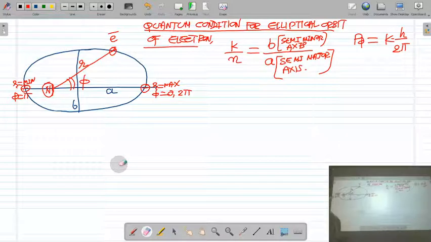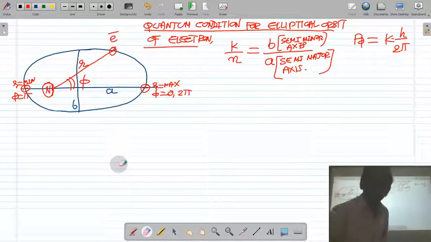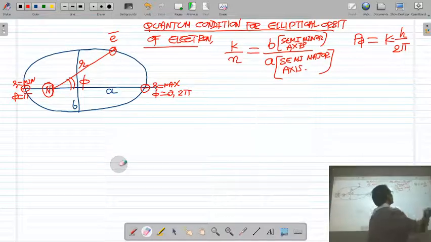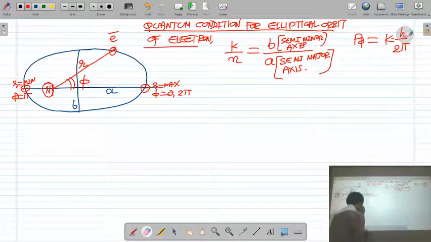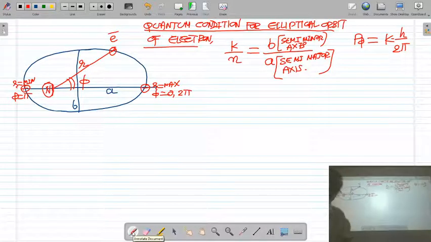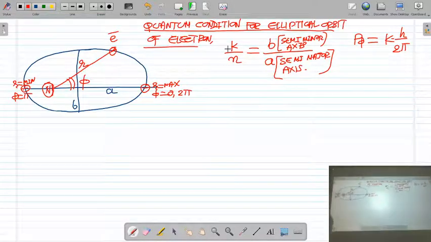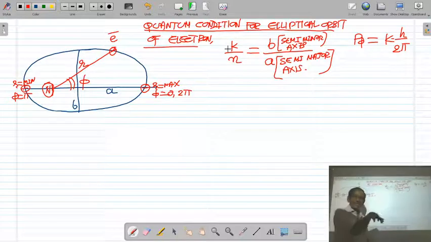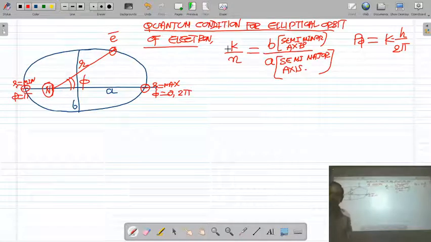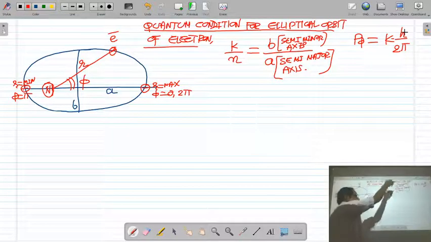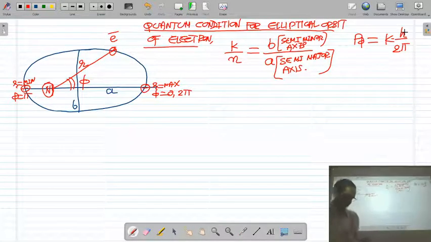So by solving the phase integral for the r coordinate and the phi coordinate, we have two equations. We got the angular momentum of the electron p phi is kh upon 2 pi, and we got the quantum condition for the elliptical orbit of the electron, k upon n is equal to b upon a.